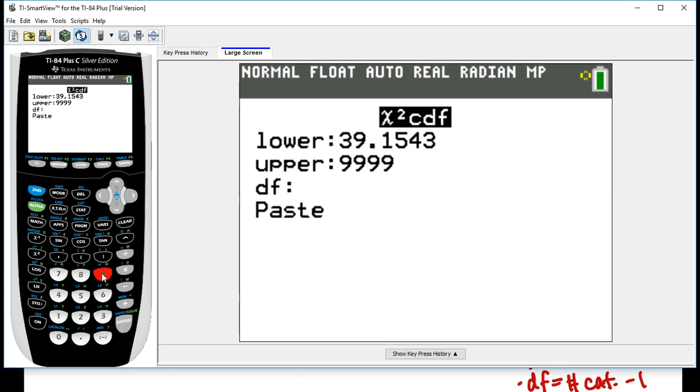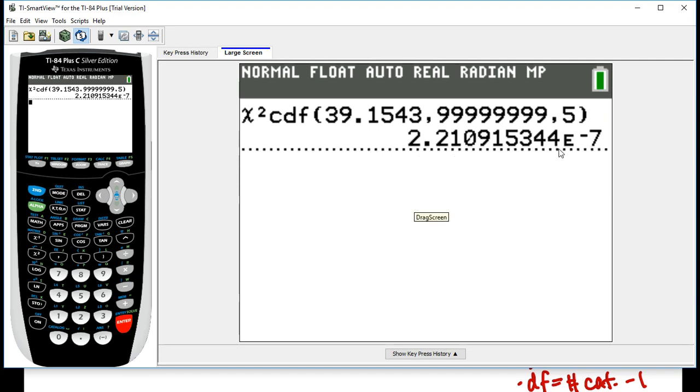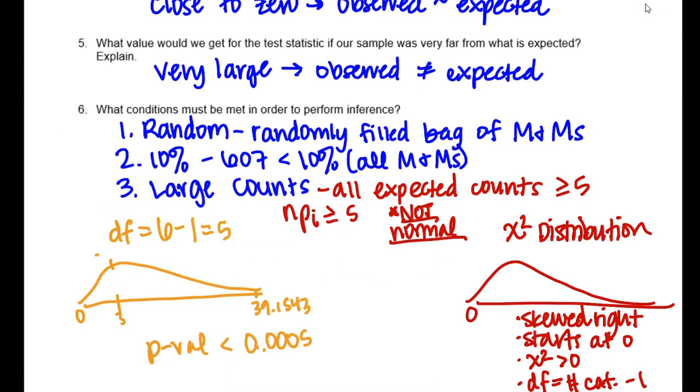Our upper is infinity, so I just put a bunch of 9s. And the DF is the categories minus 1, so 5. And I get 2.21 times 10 to the negative 7, which is in fact less than 0.0005, because that would have 6 zeros. So that gets you the exact value. The table will get you an interval estimate.